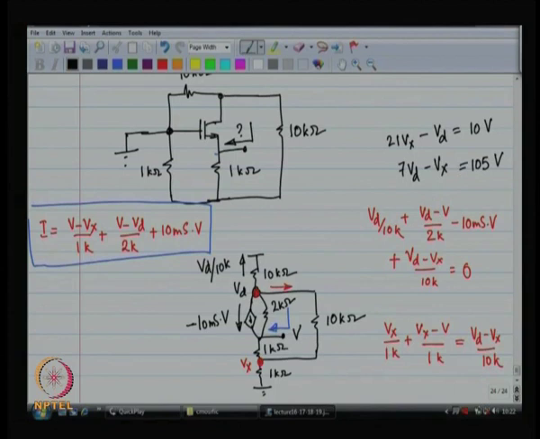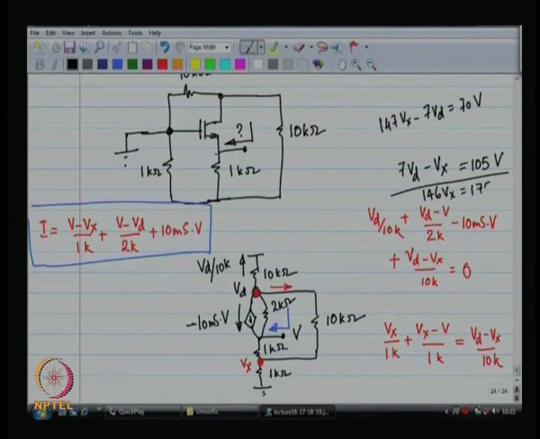I need to solve these. So, the way you solve this is high school arithmetic, and you basically and then I add, which is going to give me 146 times Vx is 175V.